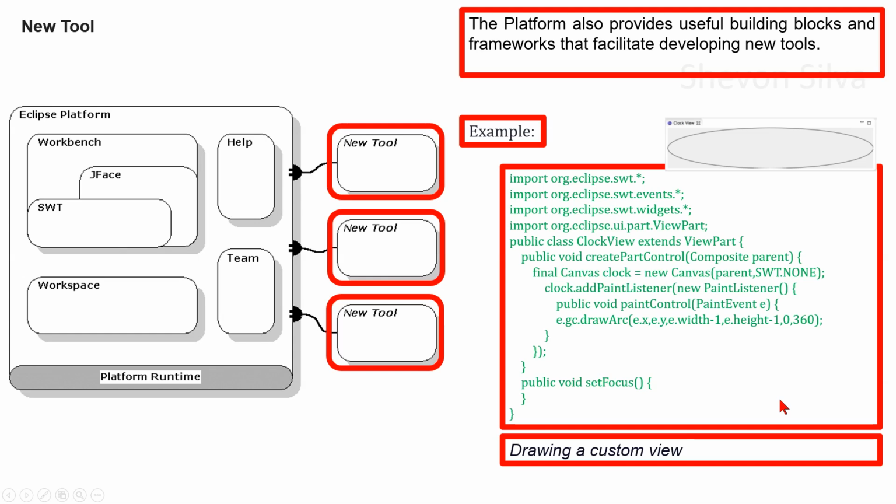Step 2, run the target Eclipse instance and see that the clock view is now empty. Step 3, in the createPartControl method, do the following. Step 1, create a new canvas. Step 2, add a paint listener to the canvas.